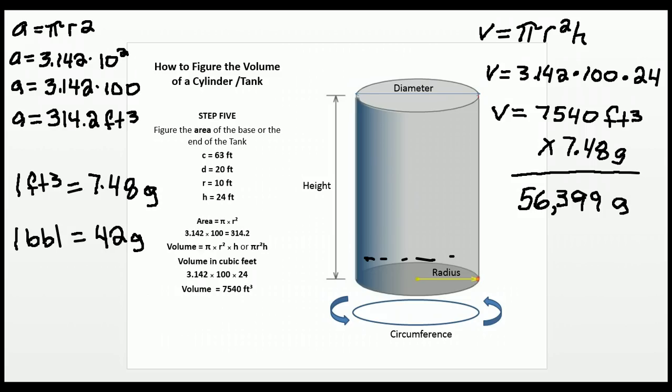All right, so if 42 gallons equals 1 barrel, we're going to divide this by 42, and then we'll get how many barrels.